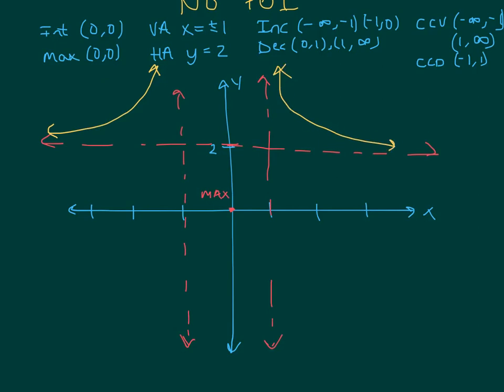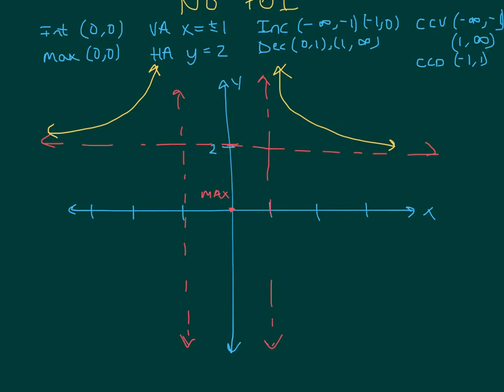All right. Now what's happening in the middle? What's happening between -1 and 1? Well, you can see here that between -1 and 0, I'm increasing, and between -1 and 1, I'm concave down. So I'm concave down for this entire interval, but I'm increasing to a max, and then I decrease.